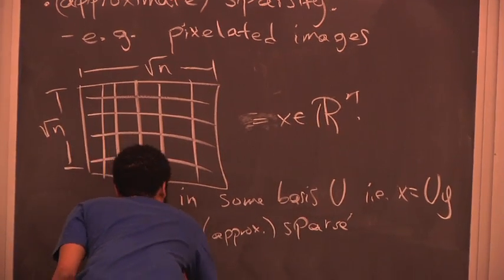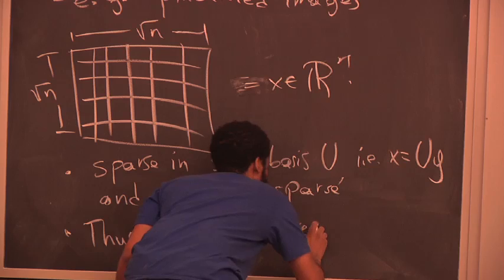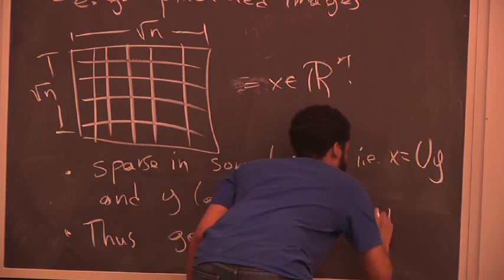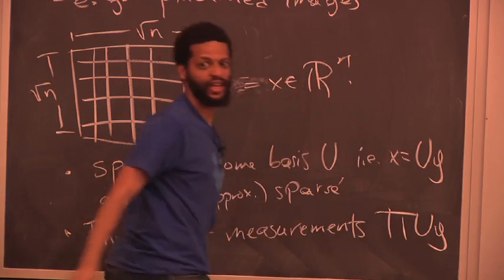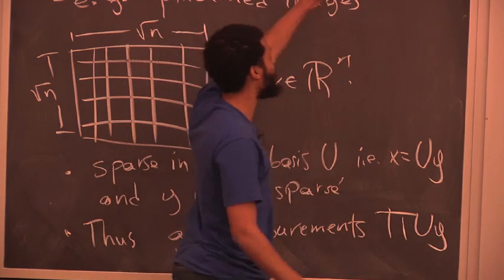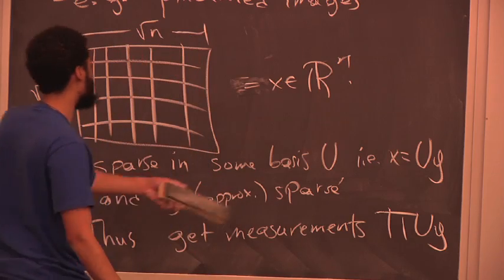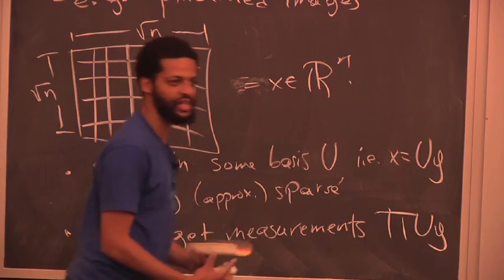Thus, we get measurements pi Uy. Pi x is just pi Uy. So in this case, you should think of pi as actually being pi U. So what is this basis U that images are usually sparse in?